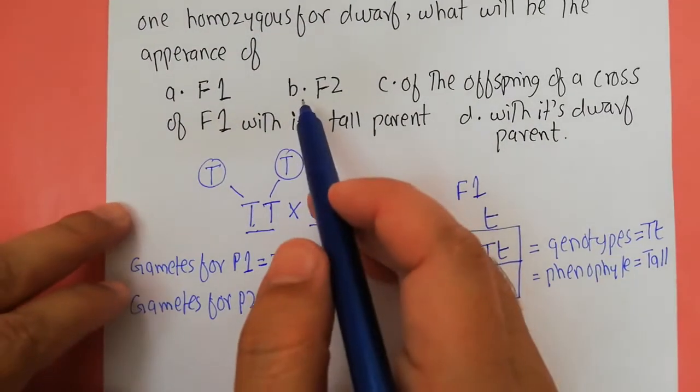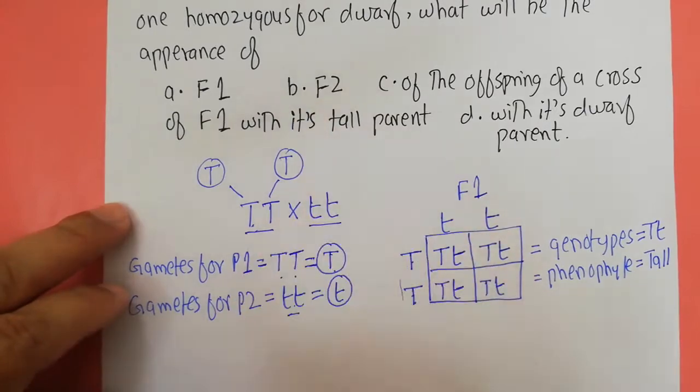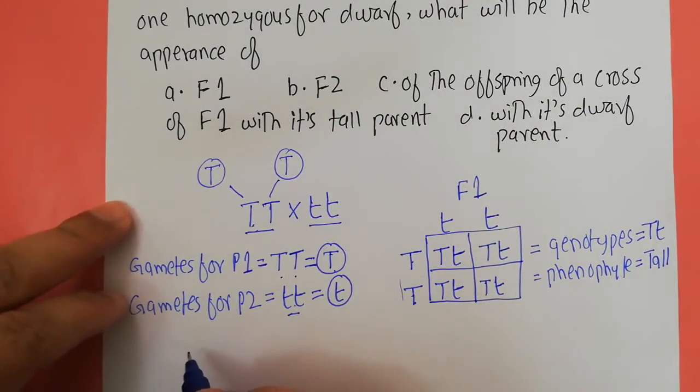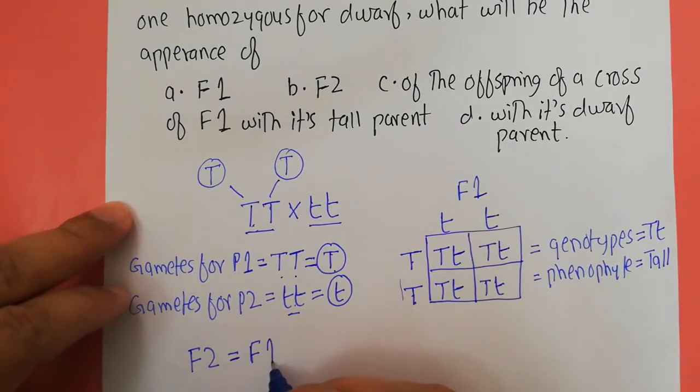Now the second part of the question asks what will be the appearance of the F2. Let us come to the F2. As you all know, to get the F2, Mendel went for the self-fertilization of the F1.